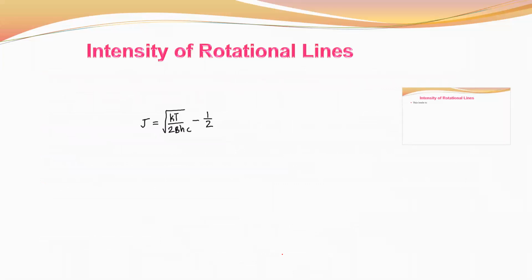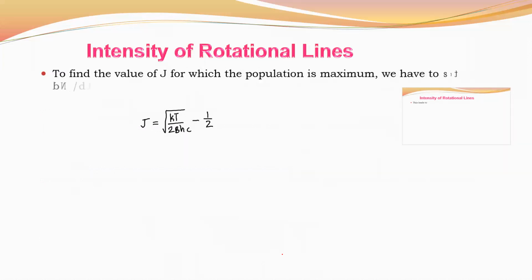To obtain the maximum population, we have to set dnJ divided by dJ equal to 0. Have you got the idea?